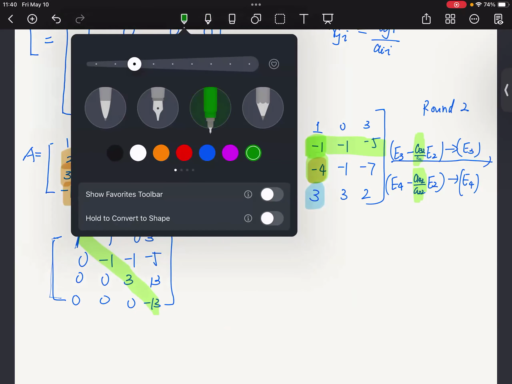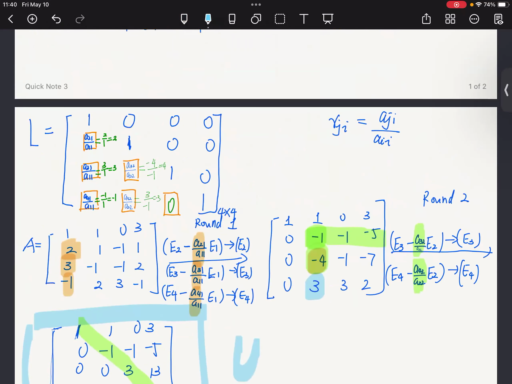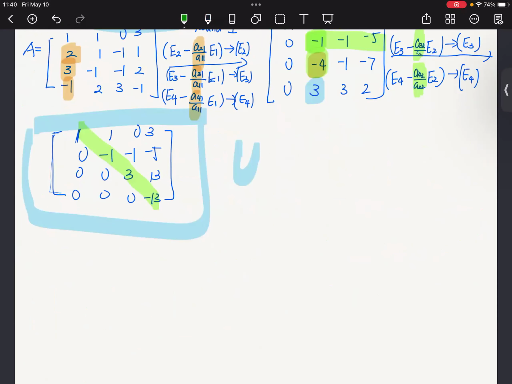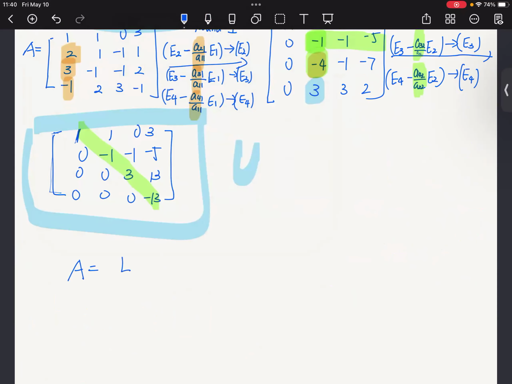So at the end of the day, what's your L matrix and what's your U matrix? This is your U matrix. This is the U. And this is the L matrix. Is that easy? How to do the operation here? And so now this is my conclusion: A equals L times U. And what's my L?